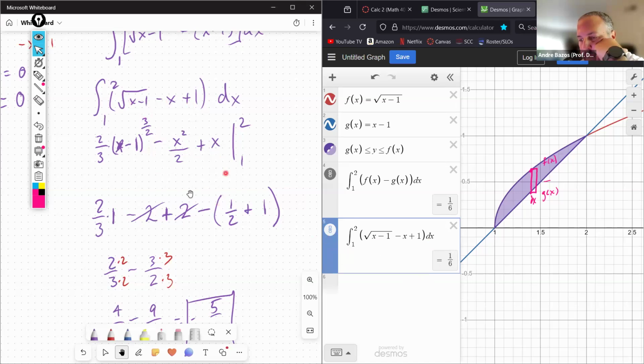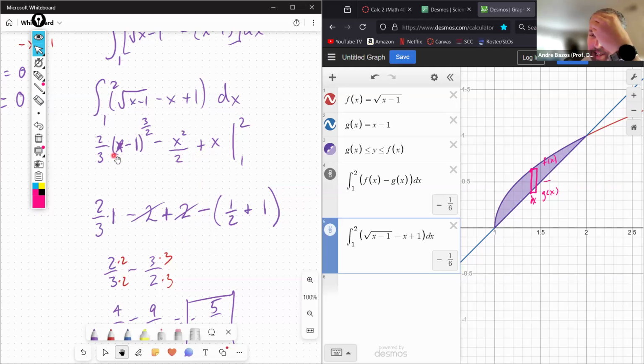So something's off in my work here, because this is right. This is 1/2 power. Bring it up, add 1, you get 3/2 power. Divide by 3/2, which is 2/3. Minus that to that, plus x.